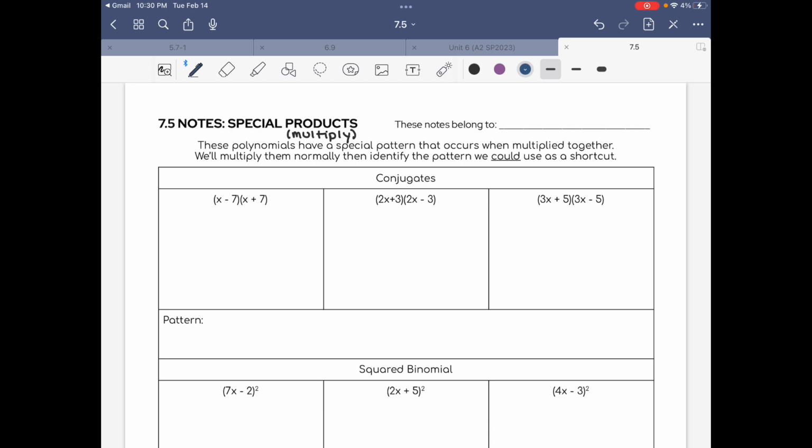And what you're going to notice as you look at these first three problems here at the top is all of them have the same numbers in both parentheses, except the sign in the middle is flip-flopped.